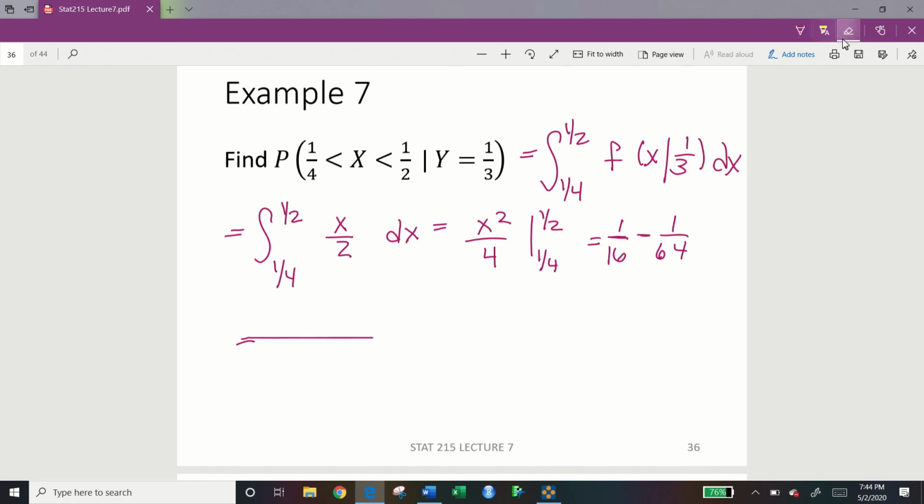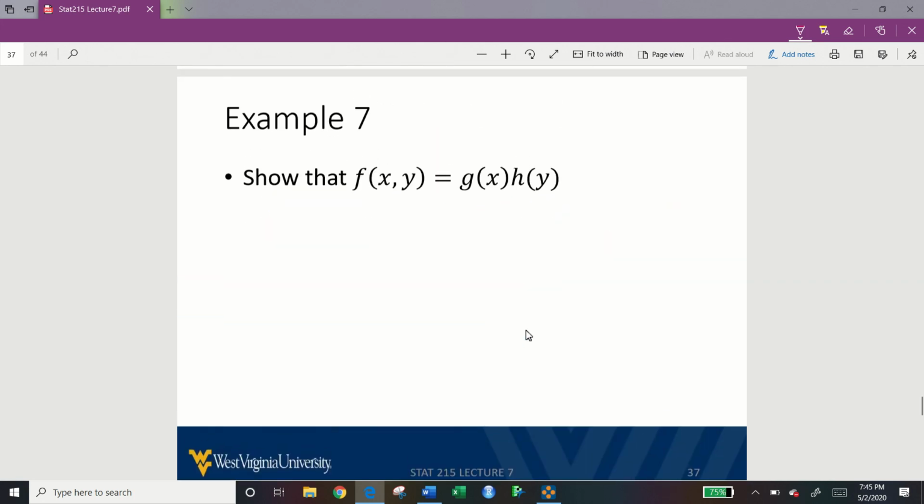Just to get us a common denominator, 4/64 minus 1/64, and we will get a final answer of 3/64. Excellent. All right, very good. Now, let's take a look at something a little bit different, but it'll help us on our 5th objective.